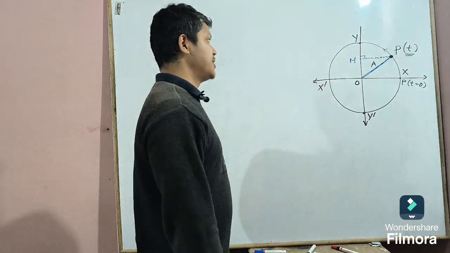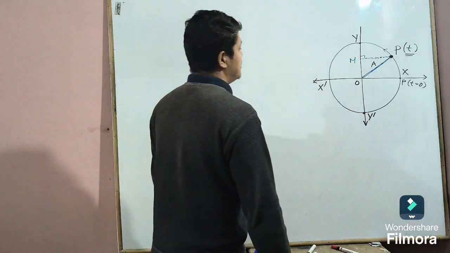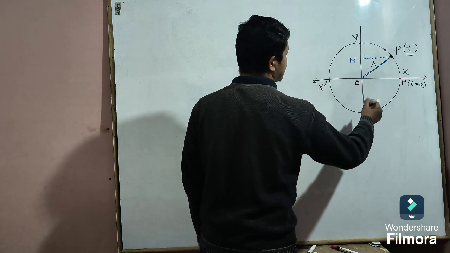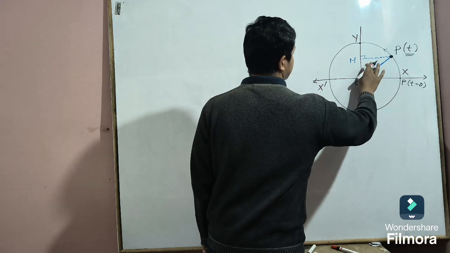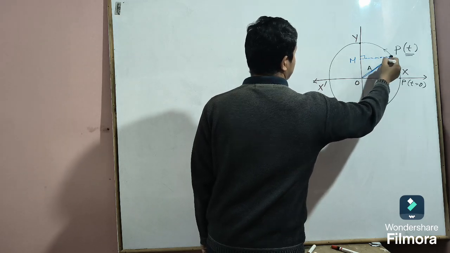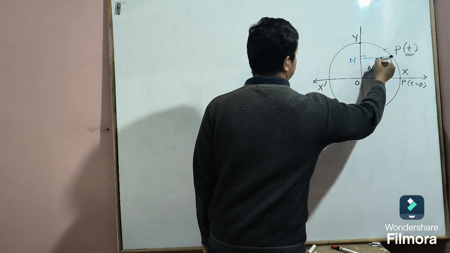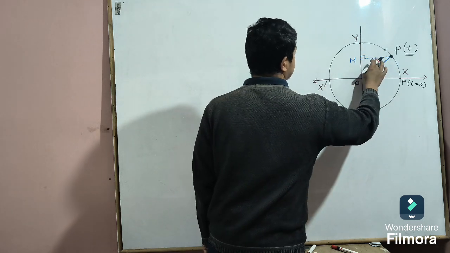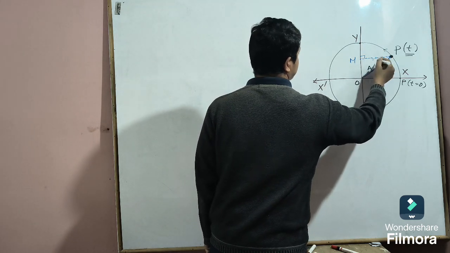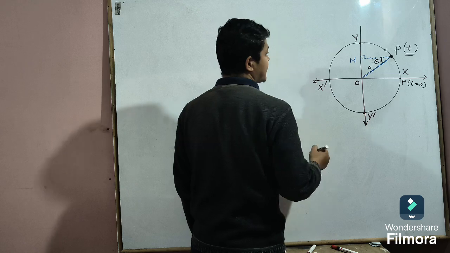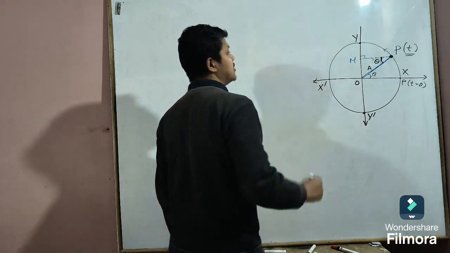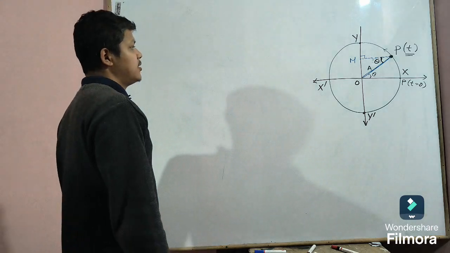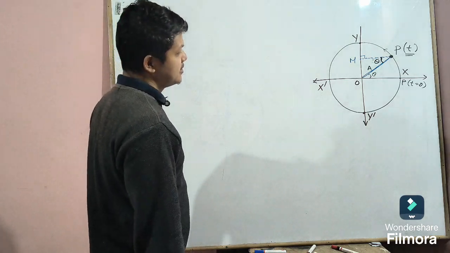Let me consider that way. Now let me take this angle as theta. If this is theta, this must also be theta, that is alternate interior angles, right?